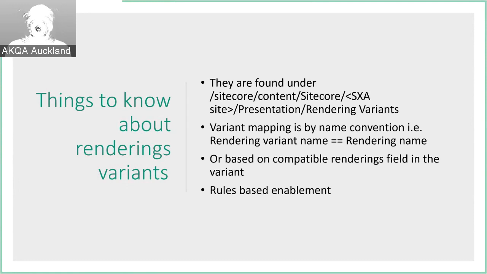We can think about it like all the if and else conditions that we used to have in the MVC view. Now that also has been moved to Sitecore. We can select the rules that we want. I'll give you some examples in the slides after this. So the rendering variants work based on the rules.